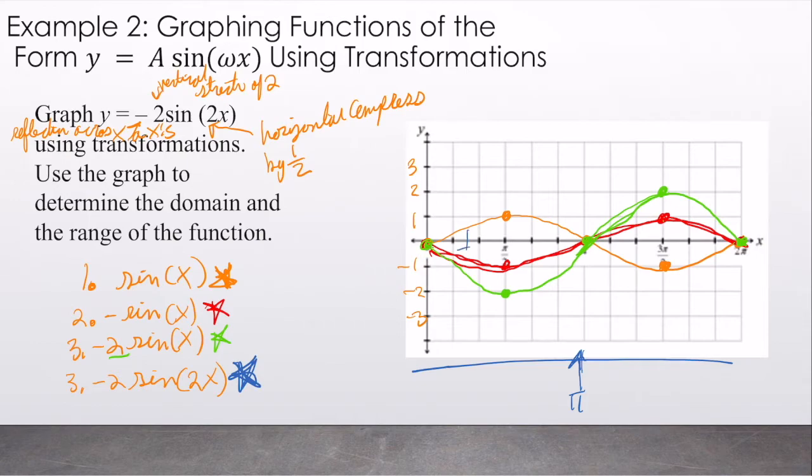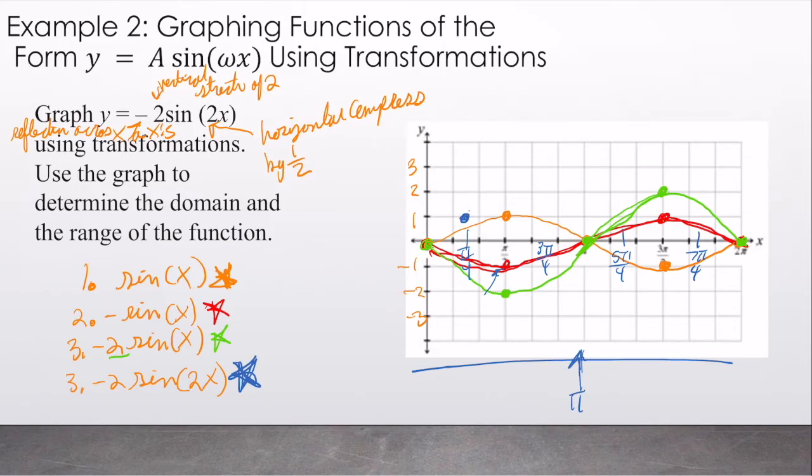So let's label pi over 4, 3 pi over 4, 5 pi over 4, 7 pi over 4. Let's label some more points. So now everything moves over by a half. So pi over 2, that's where that point is, times a half is pi over 4. So this is going to move here.